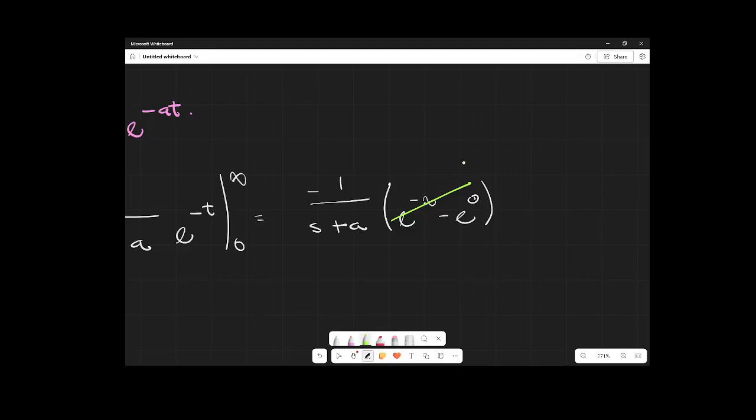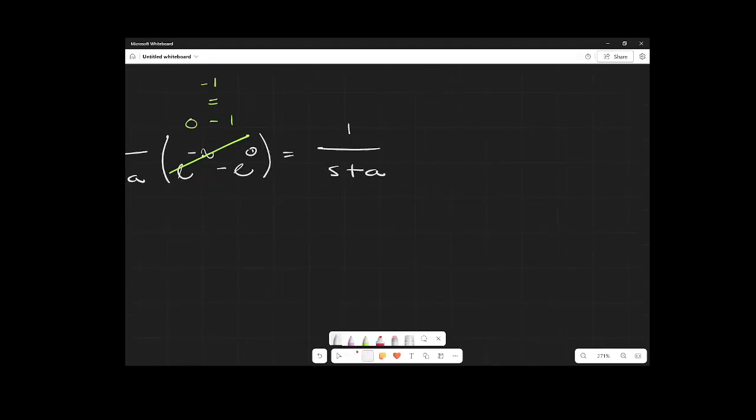This thing just goes to what? 0 minus 1, that just equals negative 1. Get rid of that because of that. And positive 1 over s plus a is the Laplace transform of the function e to the negative at.